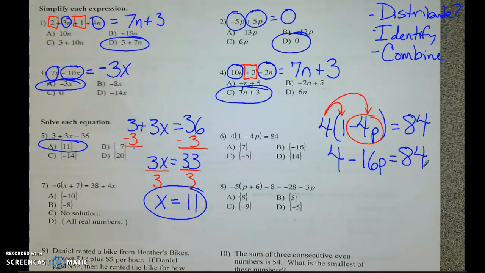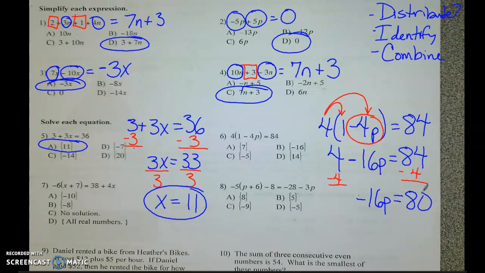equals 84. Can we simplify and combine like terms? No, we can't. So the next thing we're going to do, we're going to move our constant. Minus 4, minus 4. That's going to give us negative 16p equals 80.